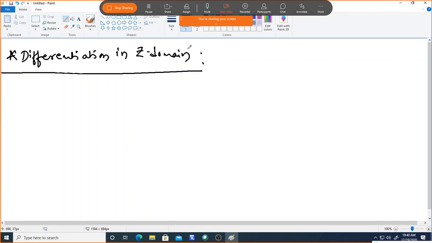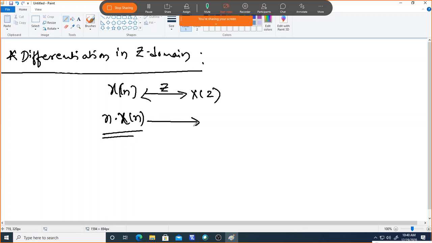If you have the signal x of n which has the z transform X of z, and if you scale x of n by the factor n, this will give the z transform z into dX of z divided by dz.